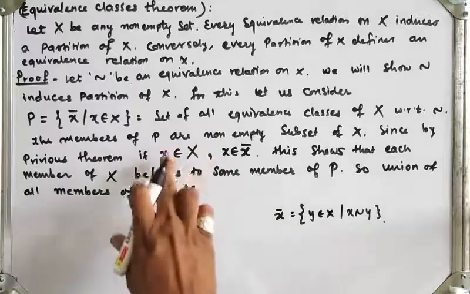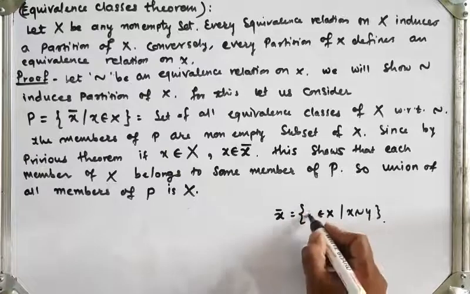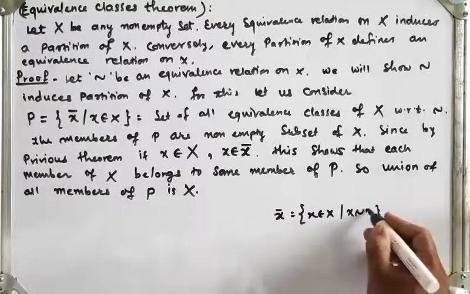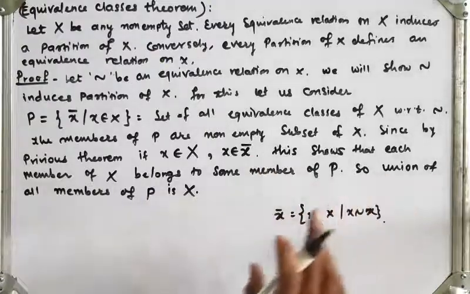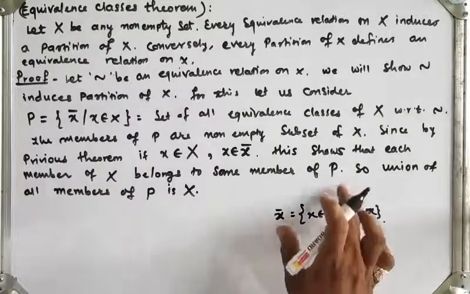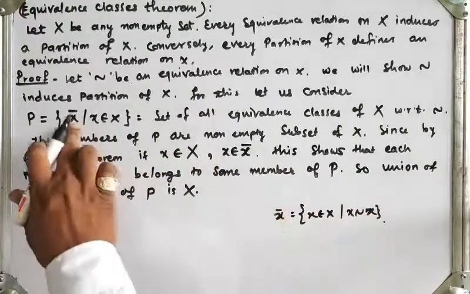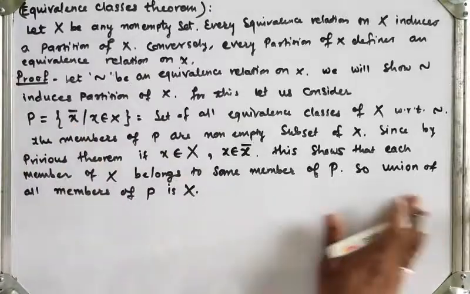Here the relation tilde is reflexive, meaning x is equivalent to x, so we say that x belongs to the set x bar. This shows that each member of X belongs to some member of P. So P has elements of the form x bar, the set of all equivalence classes, right?